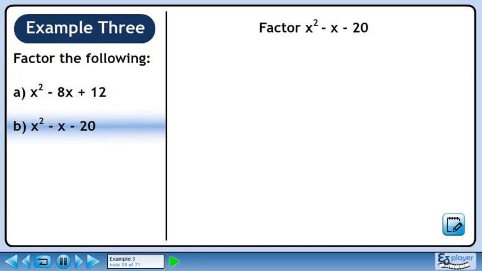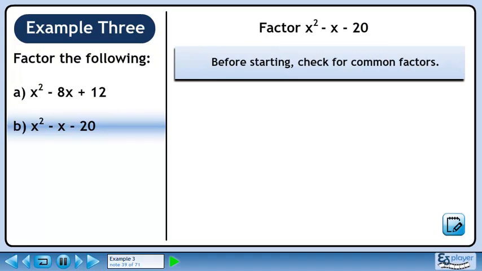In part B, we'll factor x squared minus x minus 20. Before starting, check for common factors. There are no common factors in this trinomial.